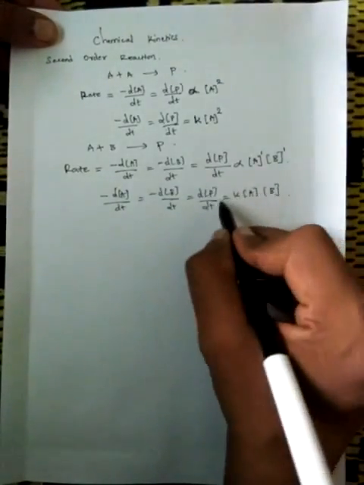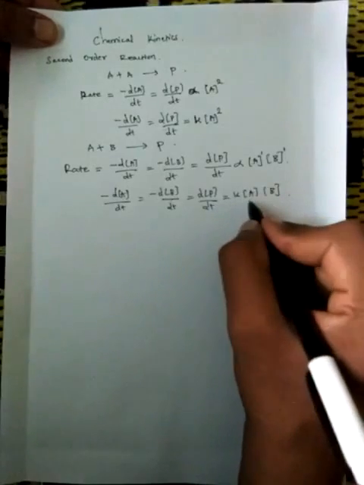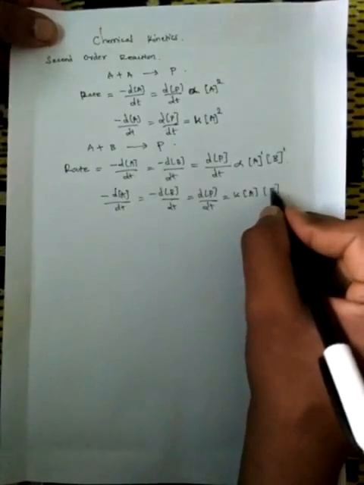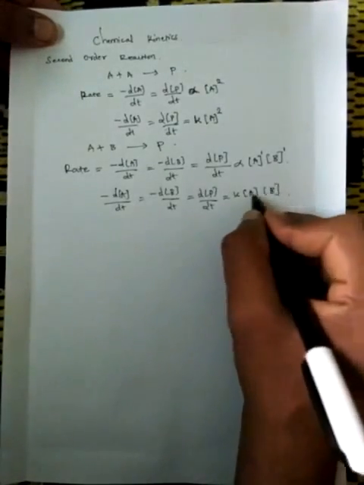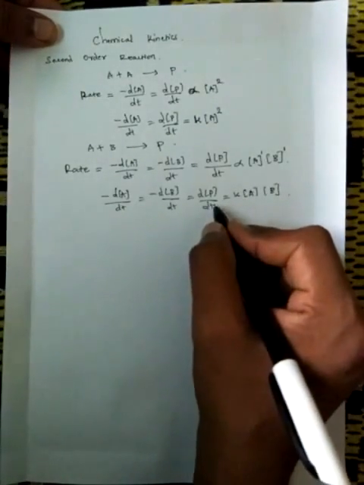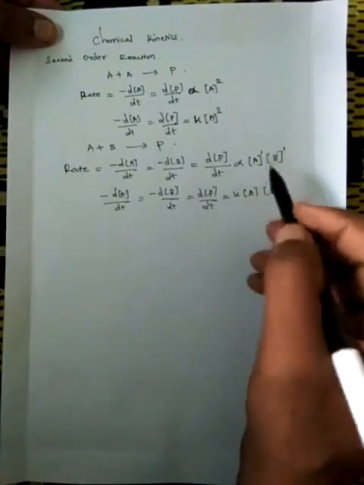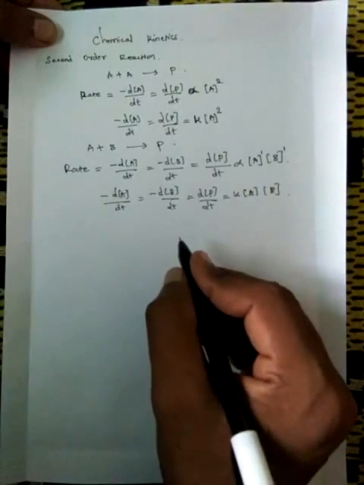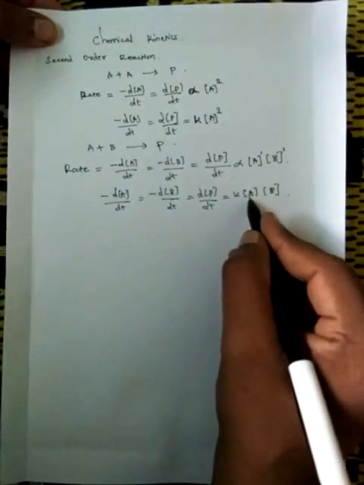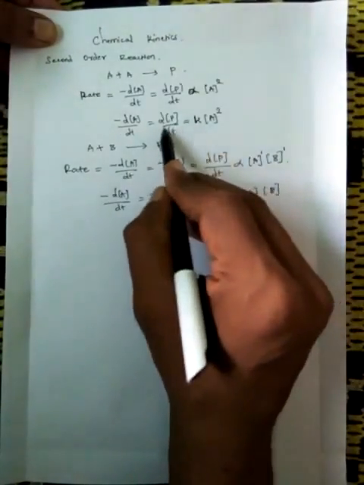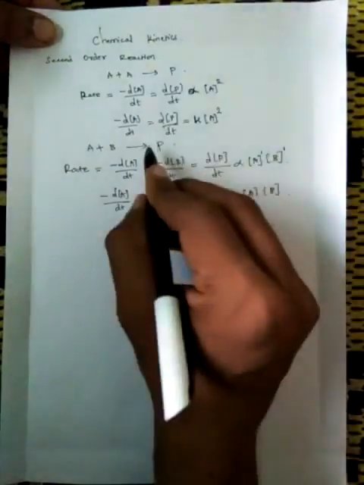In this equation, the concentration of A and the concentration of B are different. What if the initial concentrations of A and B are same? The concentration of A and B are same, then you will have this rate equation for this reaction.